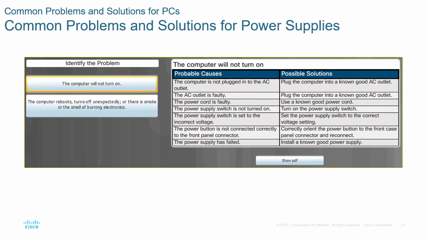Install a known good power supply. If all of these steps do not solve the issue, there might be an issue with the power supply itself. It may be an internal damaged component of the power supply. So try another power supply, one that you know is good, and that may solve your issue. Okay.